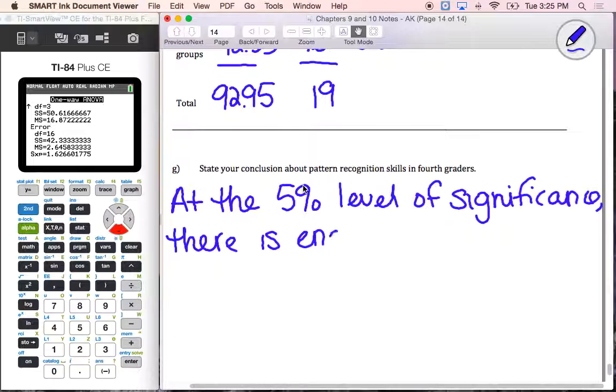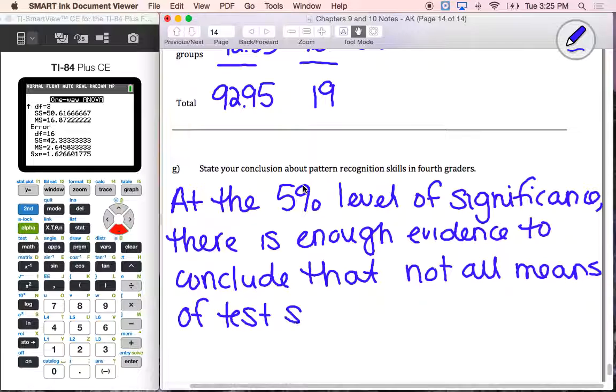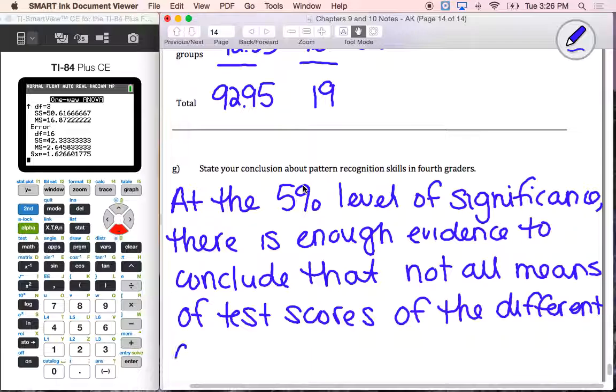There is enough evidence to conclude that not all means of test scores of the different groups are equal.